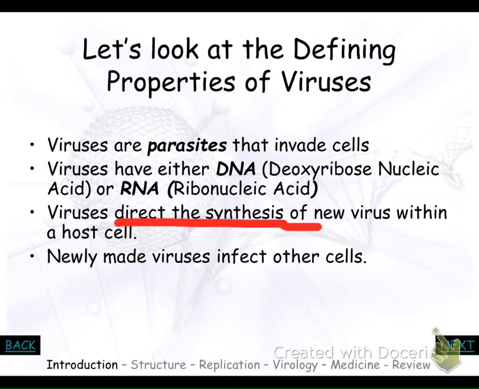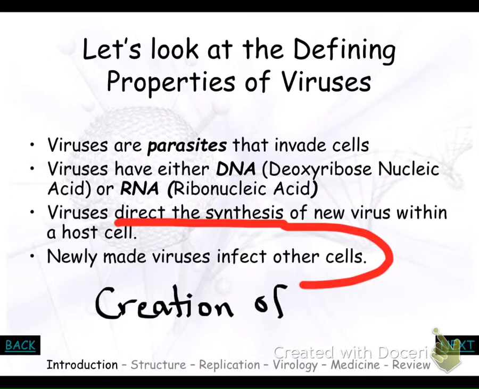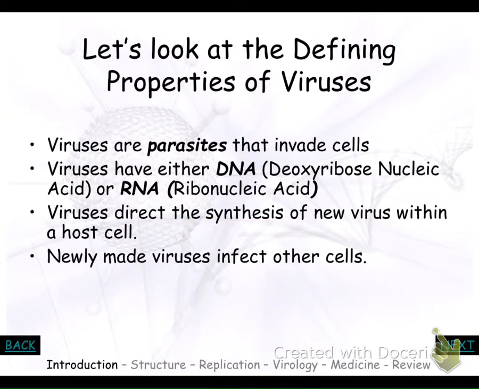What this means, viruses direct the creation of new viruses. And so, once again, when so many viruses are made the cell explodes, it releases more virus into the body, and now that newly made virus will go and infect other cells.